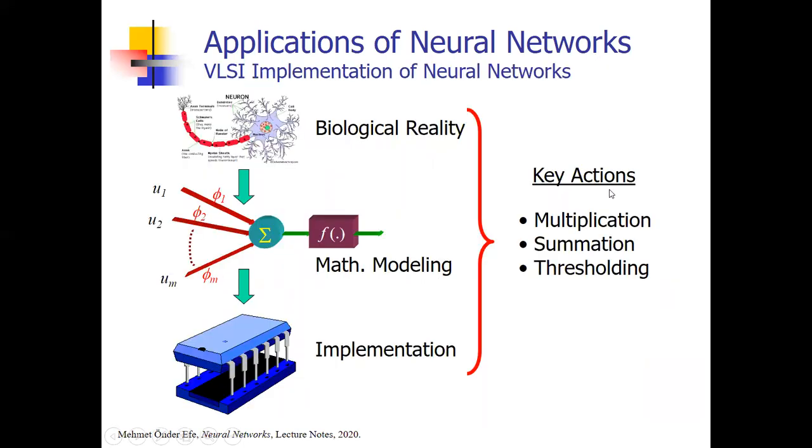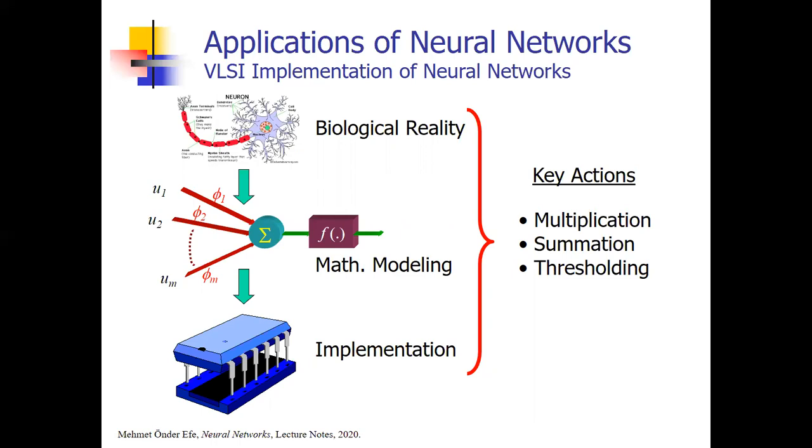Okay. I will not explain to you very large scale integration. VLSI is an electronics technology. So I will not go into the fabrication, production or design details of these, but we started with a biological reality, and we obtained a mathematical model, and then people obtained physical chip-wise implementations of neural networks, okay?